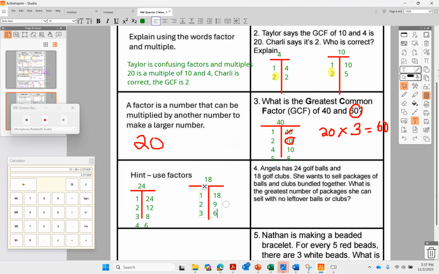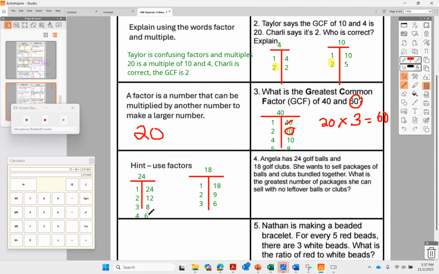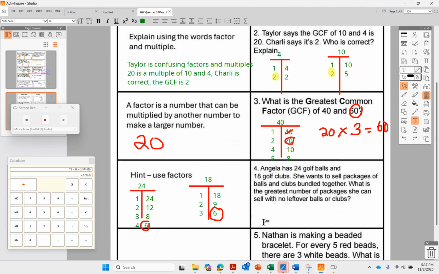So our greatest common factor is 6. Okay? So she needs 6 packages, and each package will contain 4, because that was the number with the golf clubs, 4 golf balls and 3 golf clubs.